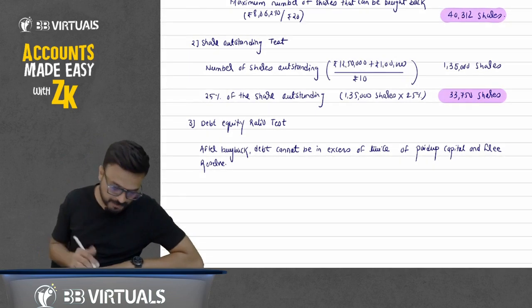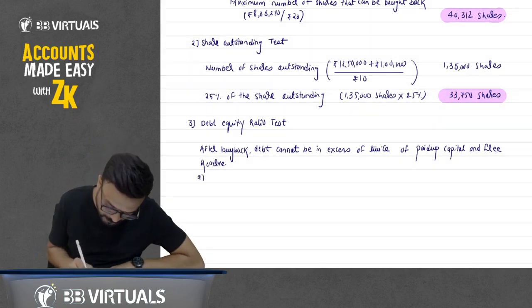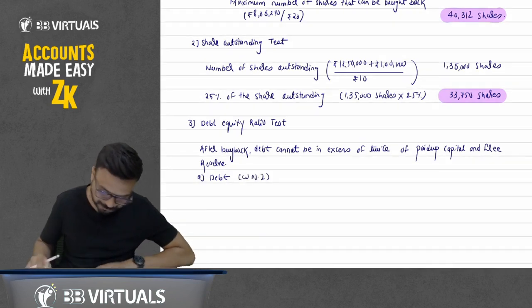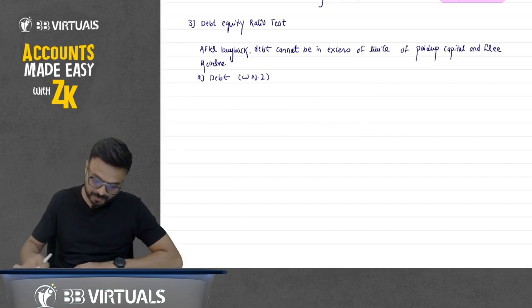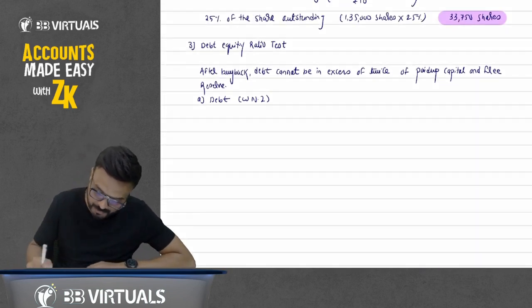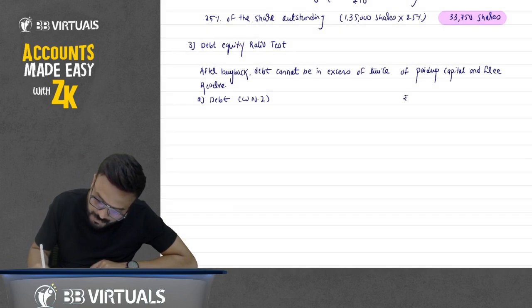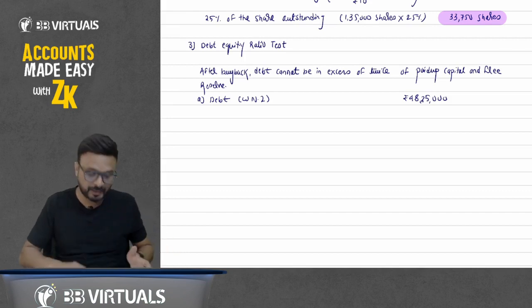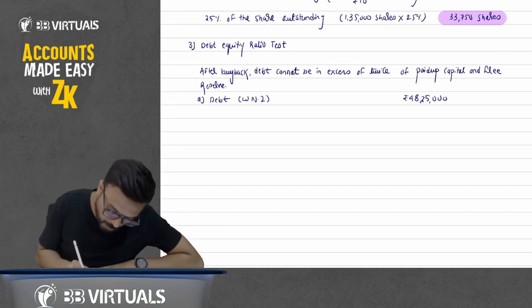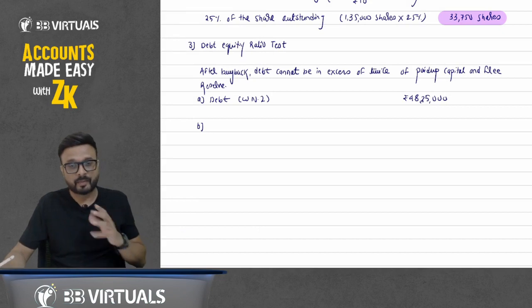So first, how much is the debt we have? So first is debt. We are making working note on debt, working note number 2. So you can take the total from there. How much is it? It is 48,25,000. 48,25,000 is the existing debt. Now how much can we do after the buyback?